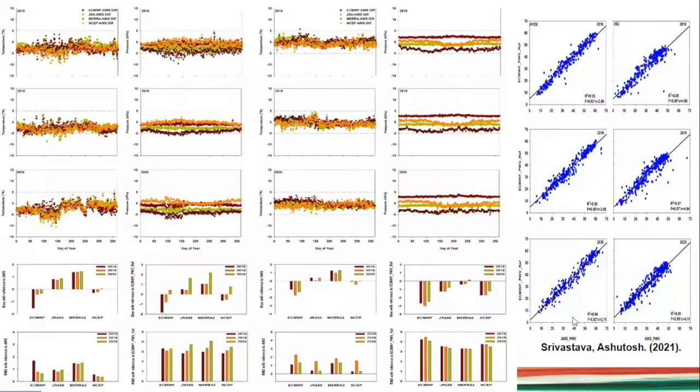We took nearby AWS data, derived PWV from that also, and saw what relation the reanalysis data hold with the AWS PWV. It is holding a very good relation. Whatever the reanalysis or model data results are, they are very close to the AWS PWVs. These results were also published recently in another journal.